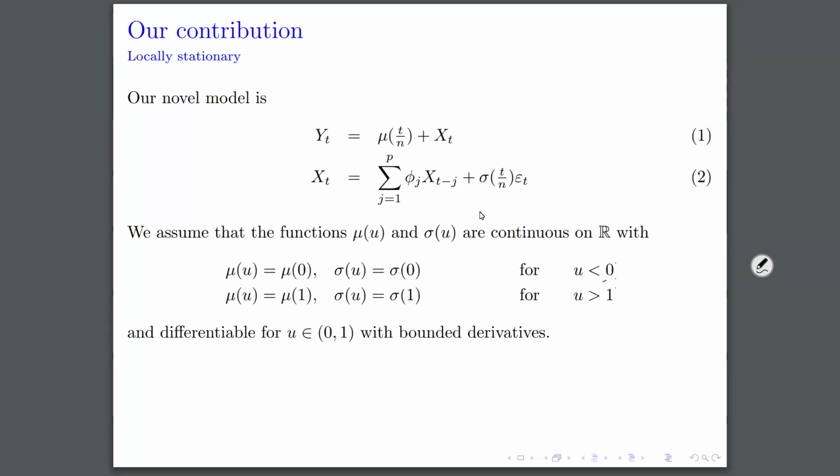In fact, mu and sigma cannot be arbitrary functions. We have to impose some conditions on those functions. For example, when u is outside the range of 0 and 1, we make the function a constant equal to the edge point of the range. When it's inside the range 0 and 1, we impose that they be differentiable with bounded derivatives.